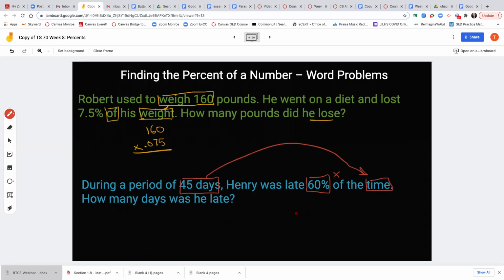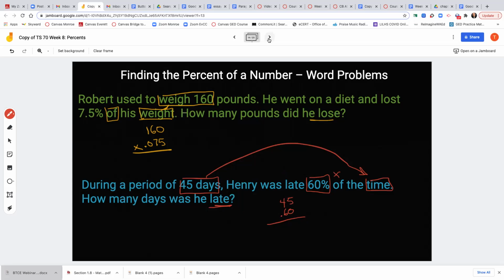So if I plug that into my equation, it would look like this: 45 days times 0.60. Okay, and then let me make sure I got my problem right. How many days was he late? Okay, so it's asking for late. Yeah, it's asking for lateness, and that's what I'm counting. 60% of the time he's late. So that would give me my answer. Okay. And again, I just want to point out, we're seeing those words of in the story problem. Of means times. Okay.